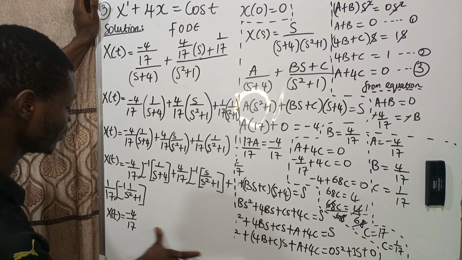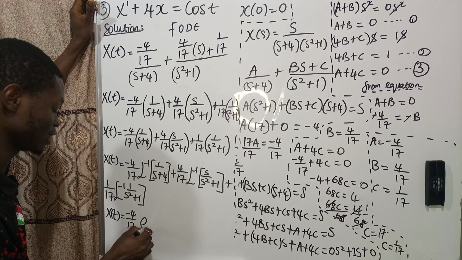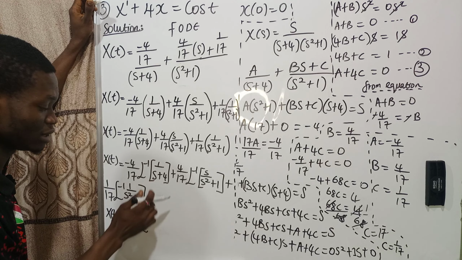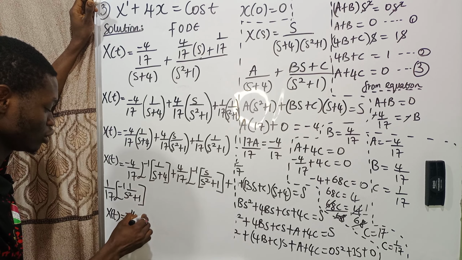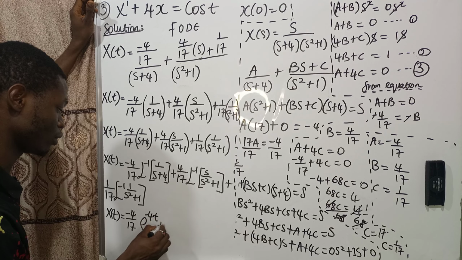The inverse Laplace transform of 1 over s plus 4 is an exponential, and because it's plus, it is going to be e to the minus 4t.